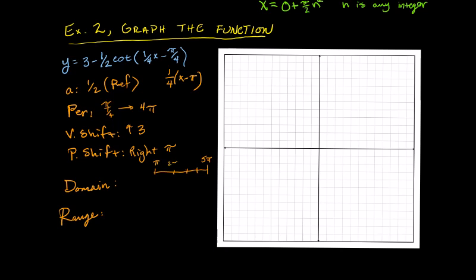So this would be 2 pi, 3 pi, 4 pi. Okay? And we can plot those wherever you would like. I'm just going to go like this. 1, 2, 3, 4, 5. My notches are going by pi, 2 pi, 3 pi, 4 pi, 5 pi.